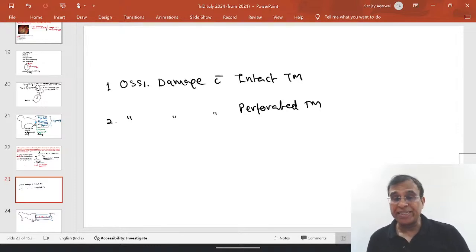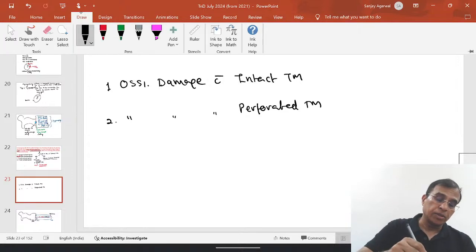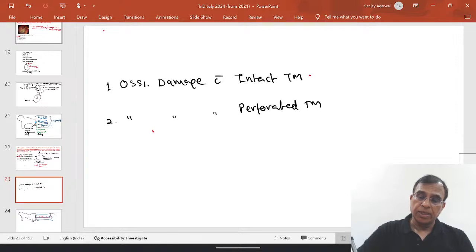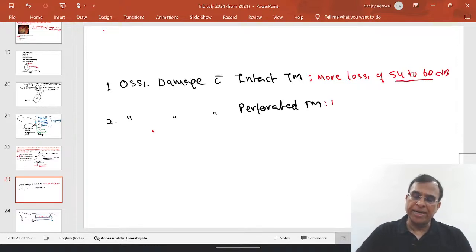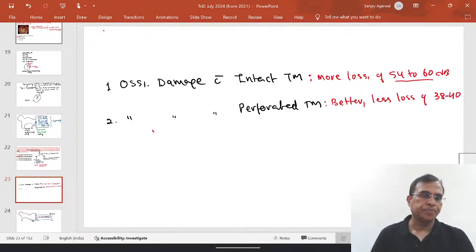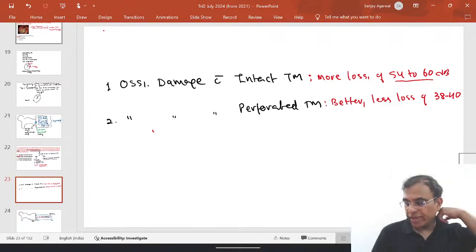So which one is better, or which one has more hearing loss? So the first one has more loss, 54 to 60 as we discussed. The second one is better, as you are rightly saying, with less loss of 38 to 40. Right.